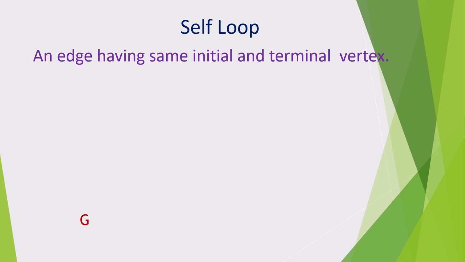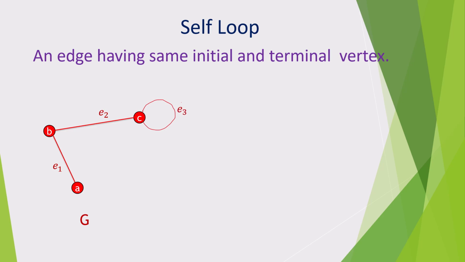Now the next concept is self loop. What is a self loop? If an edge has the same initial and terminal vertex, then we call that edge a self loop. Here I have drawn a graph with vertices A, B and C. The edge between A and B is E1, the edge between B and C is E2, and this is an edge E3.